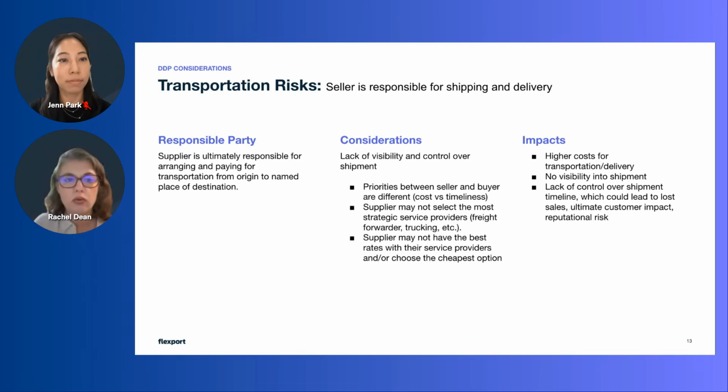Now, we know that when we're operating under DDP, everything lies with the supplier. So they are going to be responsible for physically moving your goods from point A to point B. Now, the thing to really mull over is the priorities for your supplier overseas are going to be different than your objectives here in the United States. So when you're talking about cost associated with moving the freight, your supplier overseas is going to be going for probably the cheapest option.